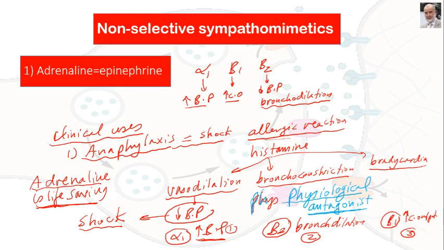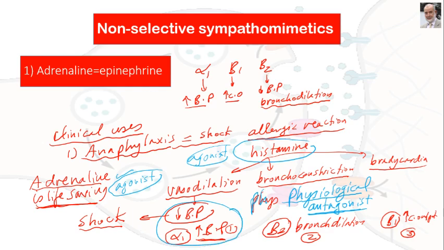Because histamine acts on histamine receptors as an agonist, and adrenaline acts on adrenergic receptors as an agonist. So both of them act on different receptors. Adrenaline will act on alpha and beta receptors. Histamine will act on H1 receptors. What do they do? They produce the opposite effect.